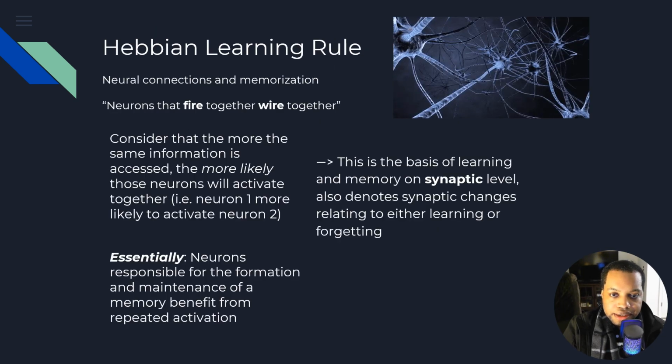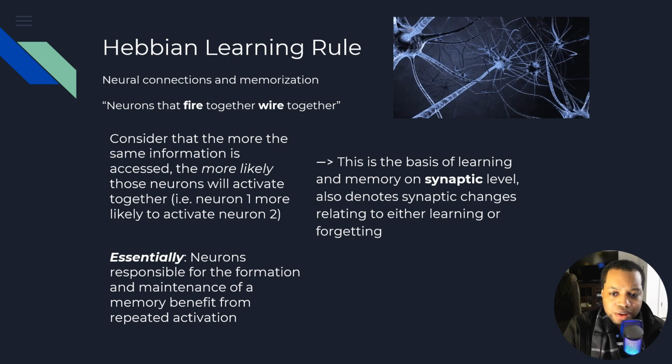So the Hebbian learning rule is a pretty foundational learning principle relating to neural connections and memorization. If you've ever heard of the phrase neurons that fire together, wire together, then you should consider that the more the information is accessed, the more likely those neurons relating to that specific memory will activate together or in sequence.